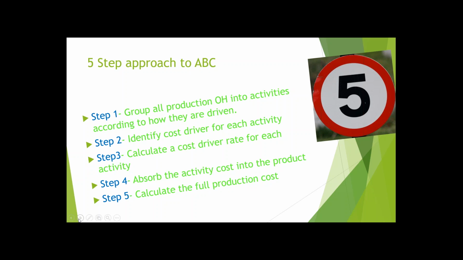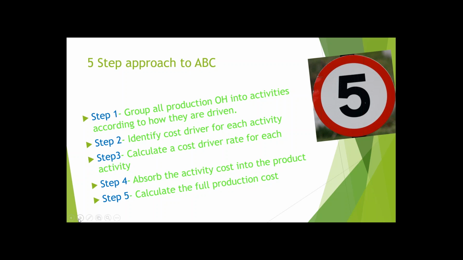Then identify a cost driver for each activity. That's a difficult one, but that is what we should be doing. Then you have to calculate a cost driver rate for each activity.